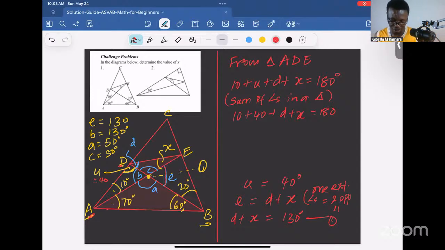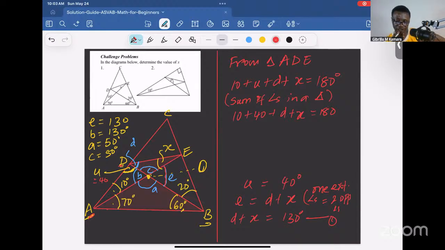So C plus D plus X, C is your 50. Your C plus D plus X, that's 180 degrees.